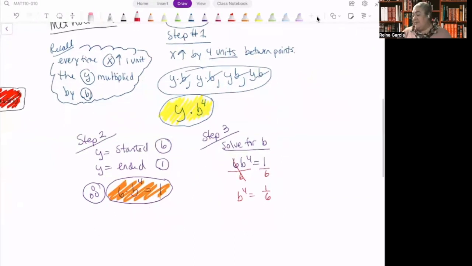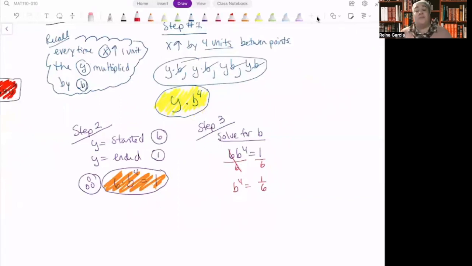Then, because I want to get to the b, I'm going to obviously have to do the opposite of exponents, which is radicals. So I'm going to go ahead and take the 4th root radical of both sides. So what you do on one side, you must do to the other, right? And that will cancel out my exponent, leaving me just b, and that equals the 4th root of 1/6.